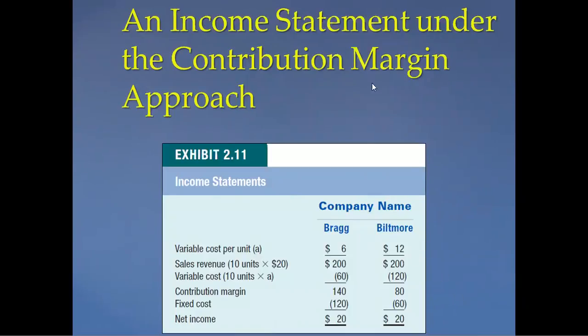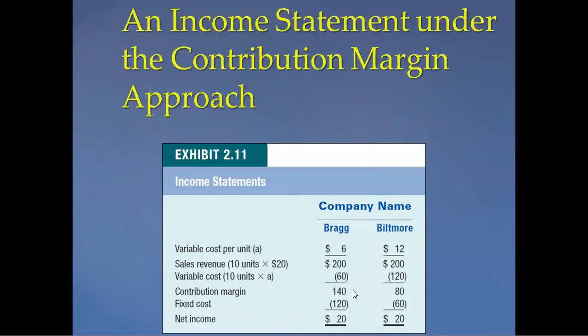Remember, the traditional income statement was your revenues minus your expenses equals net income. This contribution margin approach income statement rearranges things a little bit. So it's your sales revenue minus your variable costs gives us something called contribution margin.